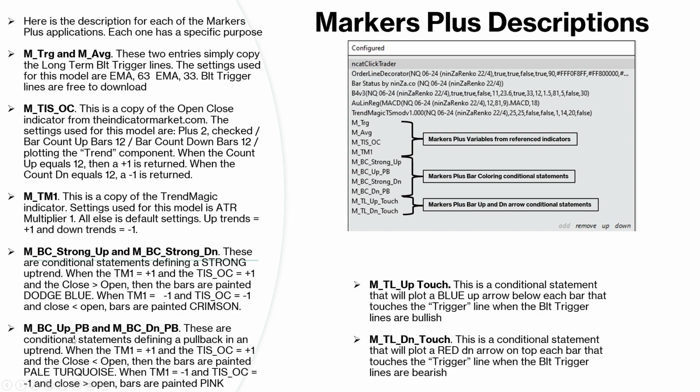All right, so in order to code the pullbacks in here, what I've done is taken the bar coloring for an up pullback and the bar coloring for a down pullback. These are conditional statements. So when in the bullish mode, when TM1 is +1 and the TIS open close is +1, and we get a pullback and the close is less than the open, so we've got a bullish market, and on the Ninja bars the close is less than the open, then the bars are painted pale turquoise.